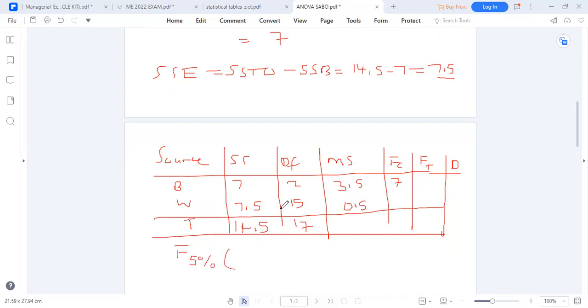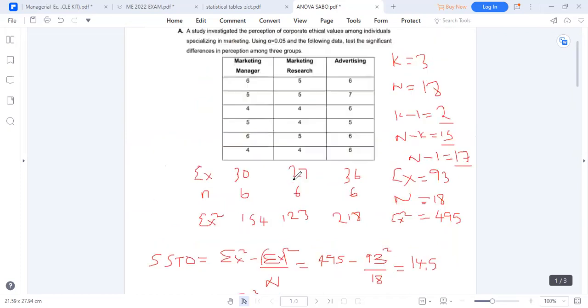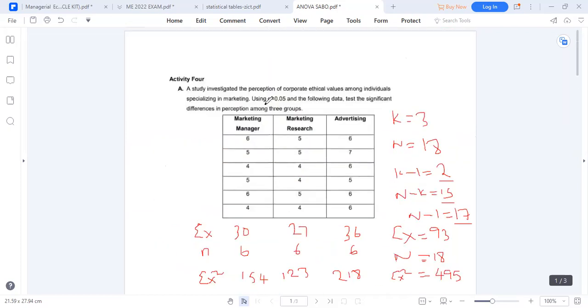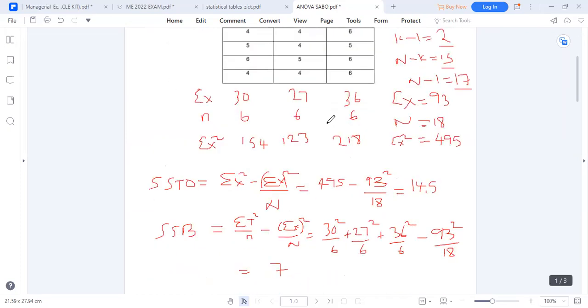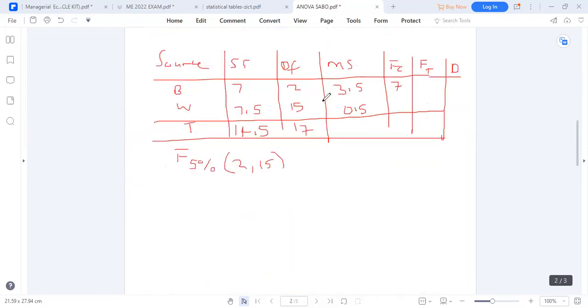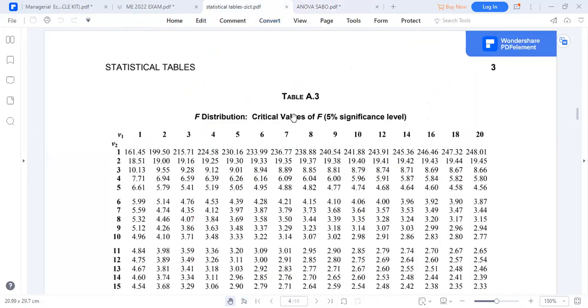Then the degrees of freedom, what is our coordinate? 2, 15. And we are reading at 5%. What were we given as our alpha? 0.05. So 5%, can somebody read for us here? 2 comma 15.